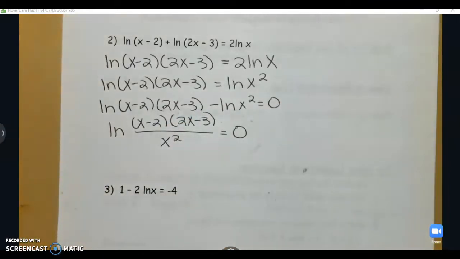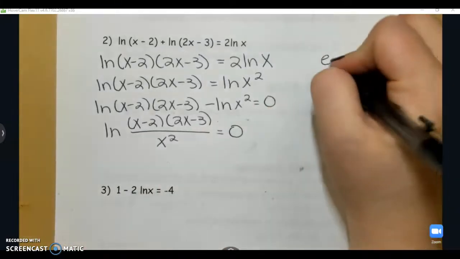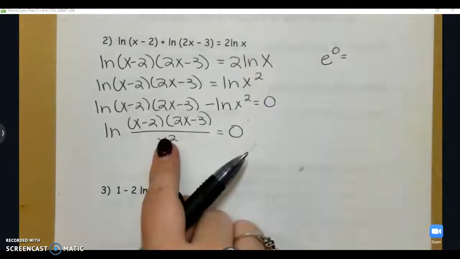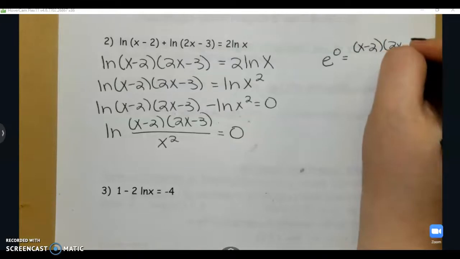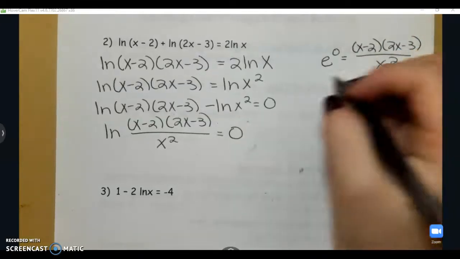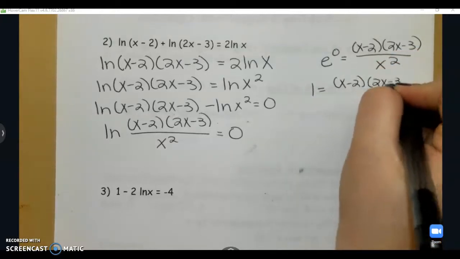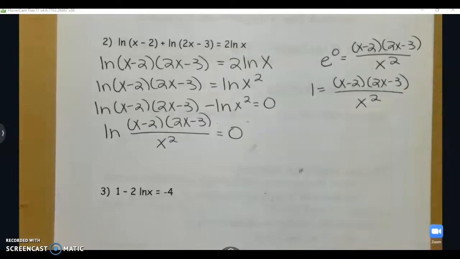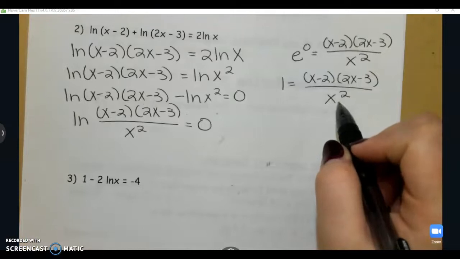So how do I solve for x? What I'm going to do now is rewrite this as an exponential equation. Natural log, that means base e. So e to the 0 power is equal to x minus 2 times 2x minus 3 over x squared. Well, what is e to the 0 power? That's 1. And spoiler alert, this one is going to be a quadratic if you haven't picked up on that already. So 1 is equal to this whole big thing on the right.